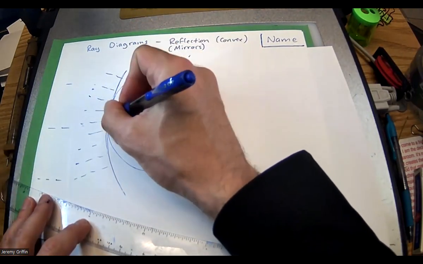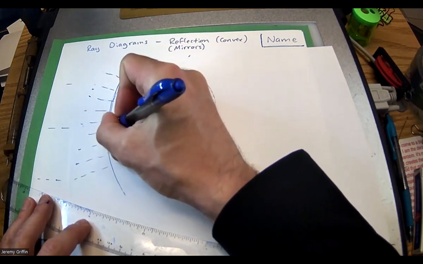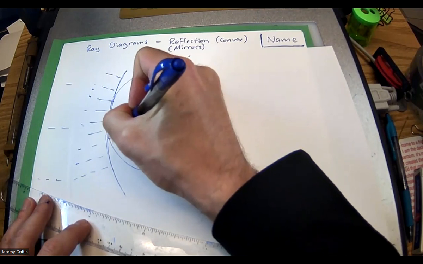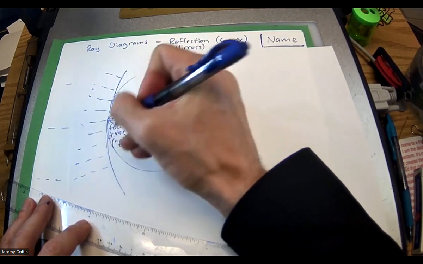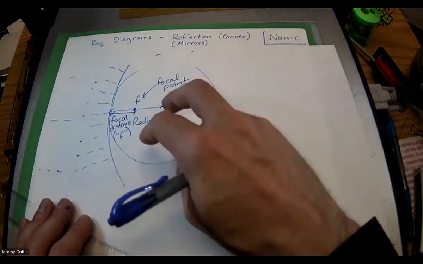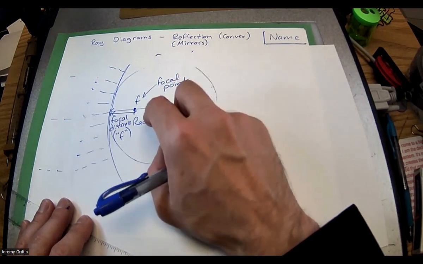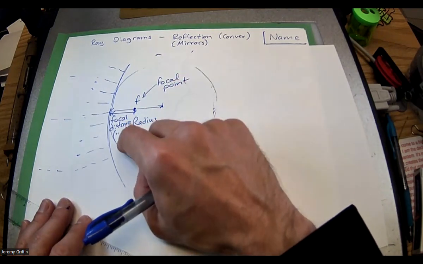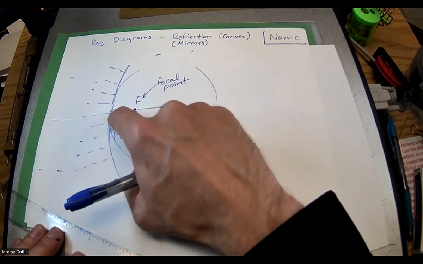I'll also call it F in the equations, but it's going to refer to the focal distance. So F could be focal distance also. Just for context, if you see a single point labeled F, I'm referring to the focal point. In the equations, when you see F, it's like so many centimeters. Well, I'm talking about this distance right here, from the surface to that point.